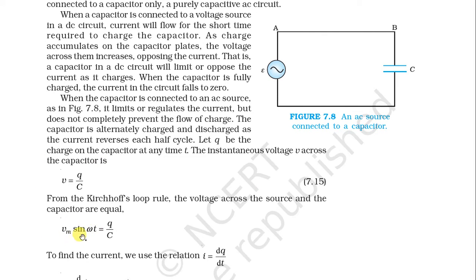So Vm sin omega t equals Q upon C, and C goes to the other side: C Vm sin omega t equals Q.